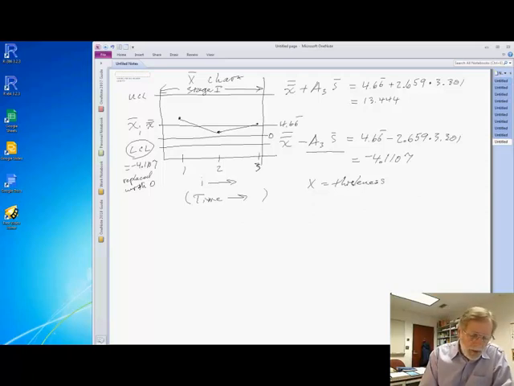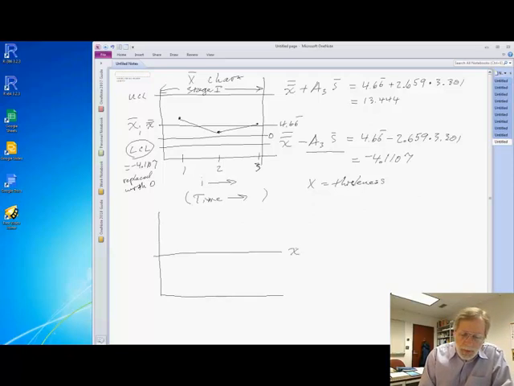Well, what's going on is this. You've got X double bar being your best guess for mu. After all, it's the average of the averages. You've got an upper control limit and a lower control limit. And you are observing X bar.